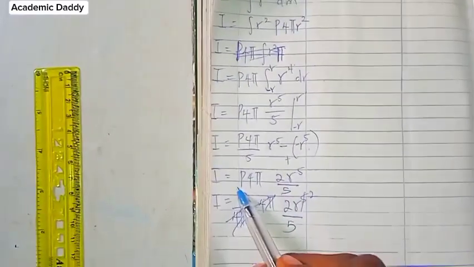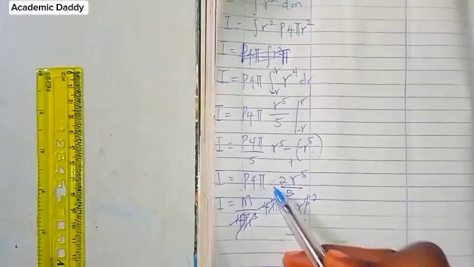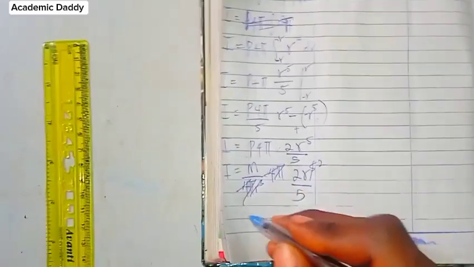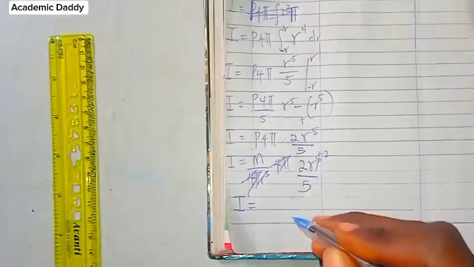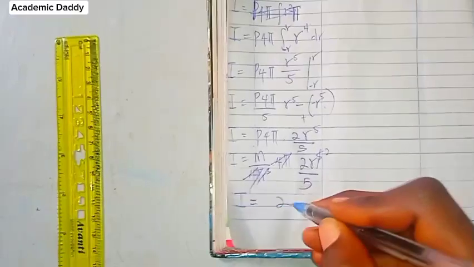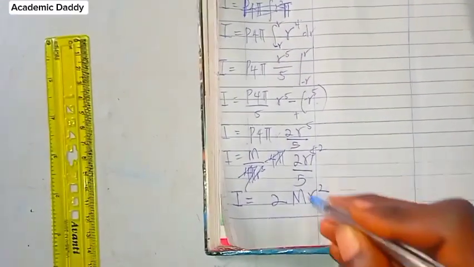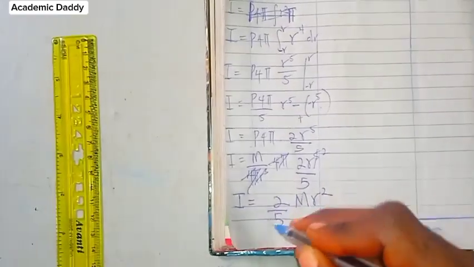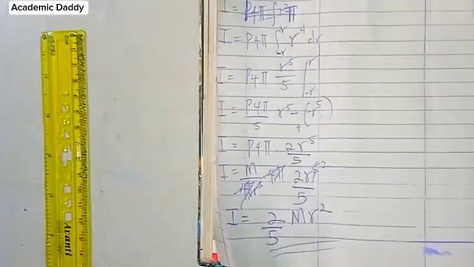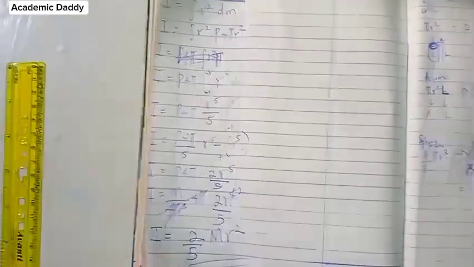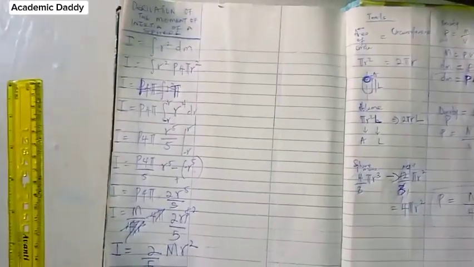And even if I move it to here, because they are being separated by multiplication, I'm now having the moment of inertia of a sphere to be equal to 2, then I have my m, I have my r raised to power 2, I have 5. I can put this 5 here. This is the moment of inertia of a sphere. Very simple, very easy.